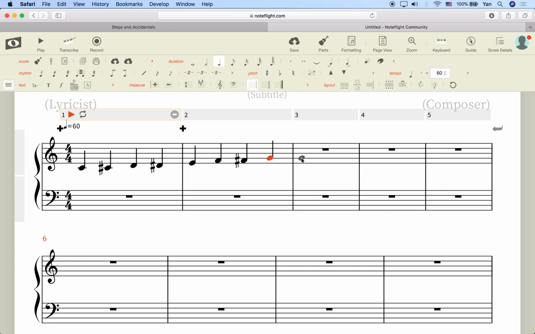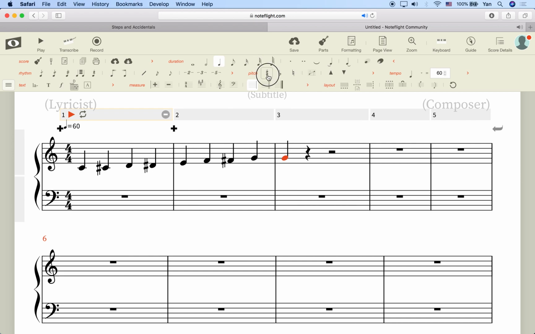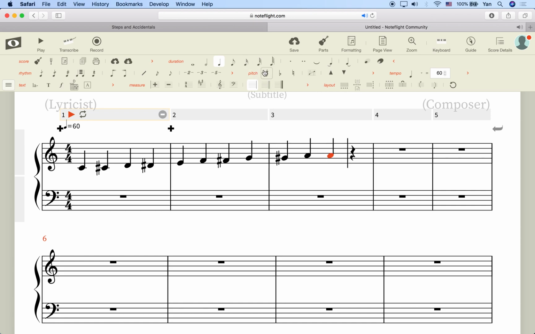And now we're going to go to G sharp. That's a half step higher than G natural. So from G sharp, we're going to go to A natural. And then one half step more is going to be A sharp. And now B natural is next.